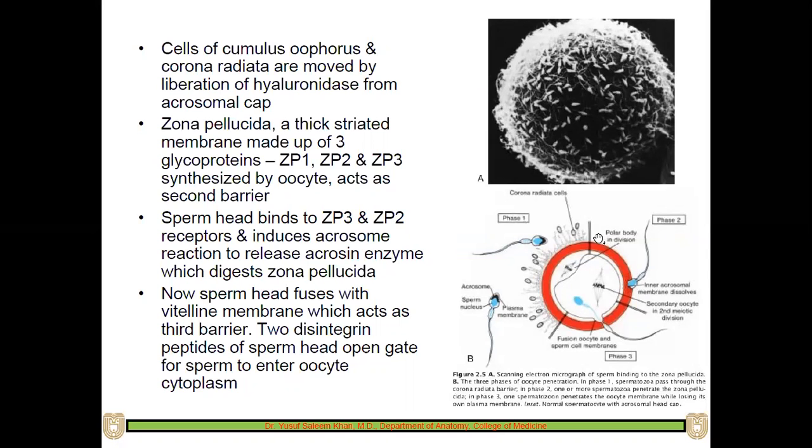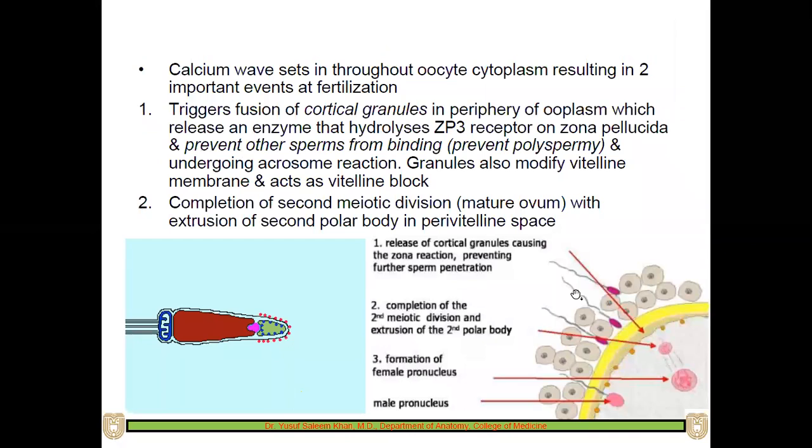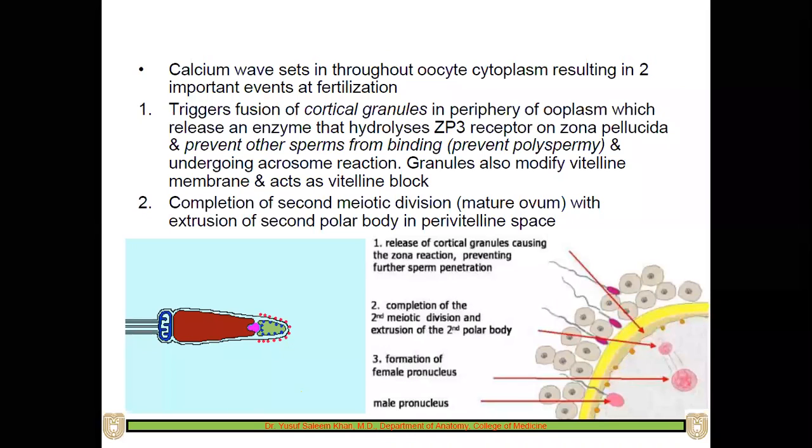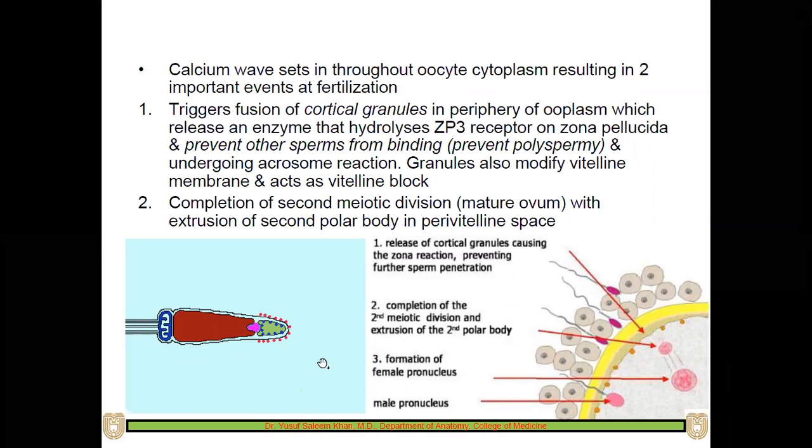So once the three barriers are broken down, now the sperm head enters. Before it enters, there is something called the calcium wave. This is the sperm head, this is the tail, and this is the sperm head where the acrosomal cap is present, and it will release some enzymes which help in the calcium wave.